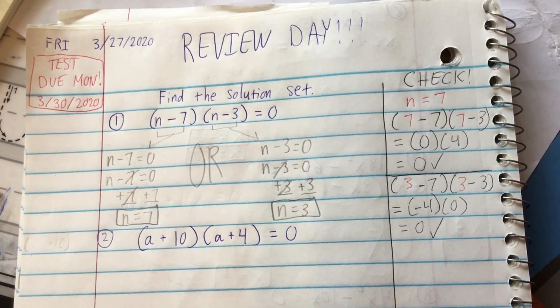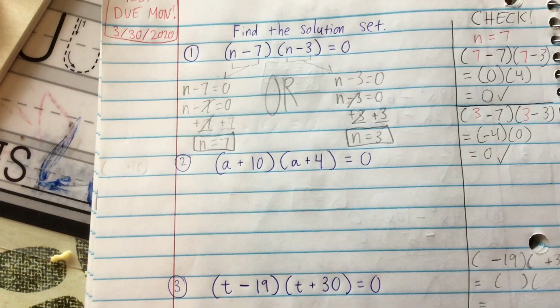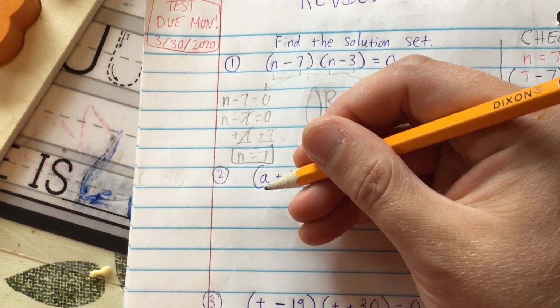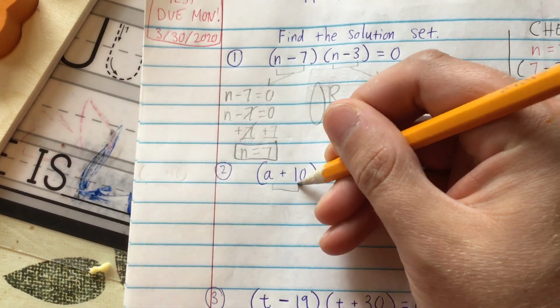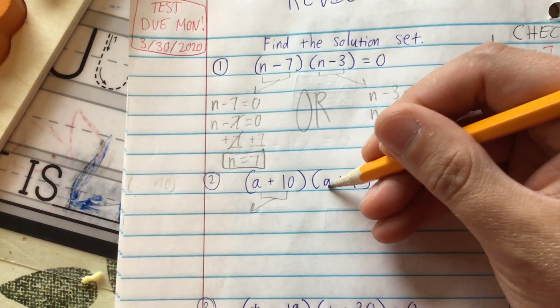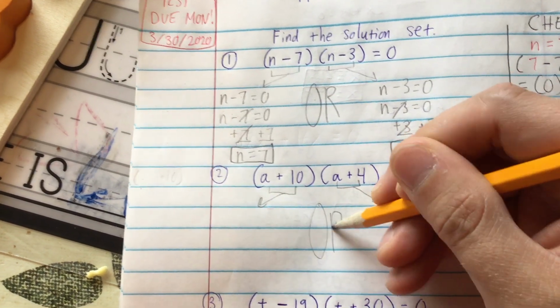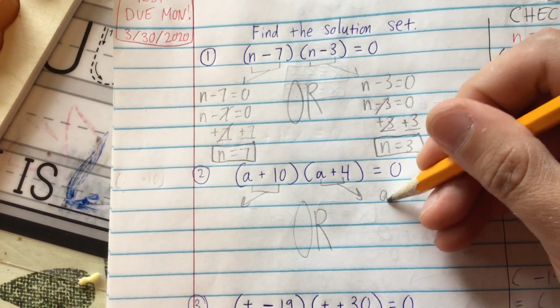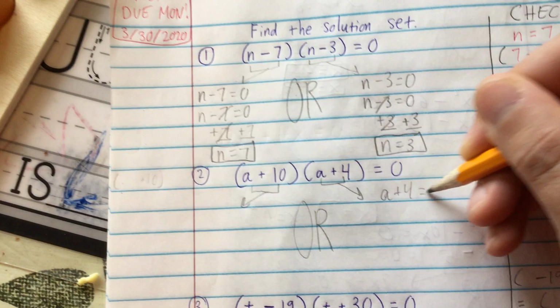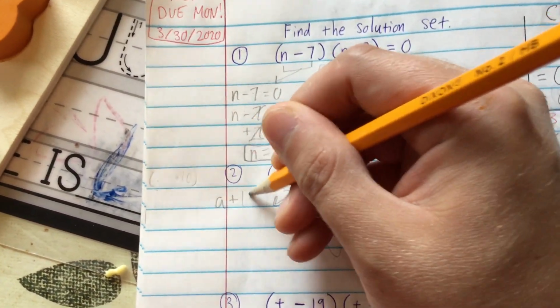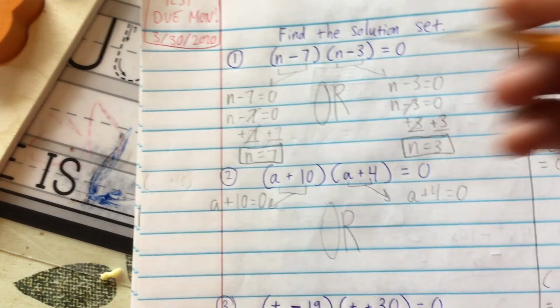Okay, moving on. So a plus 10, a plus 4 equals 0. The zero product principle states that we must account for both factors that make the statement true. So a big or in the middle. So we've got a plus 4 equals 0, or a plus 10 equals 0.